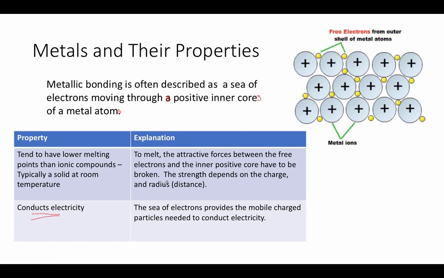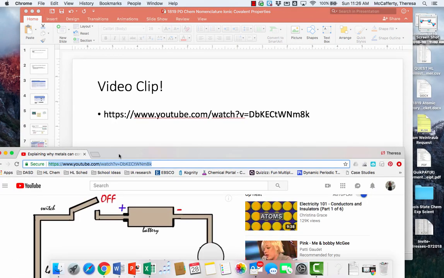Metals conduct electricity because this sea of electrons, remember they're negatively charged, are free to move. So I have those mobile charged particles because those electrons are free to move. I found a video, I think, that shows it pretty well, so I'll share that with you.